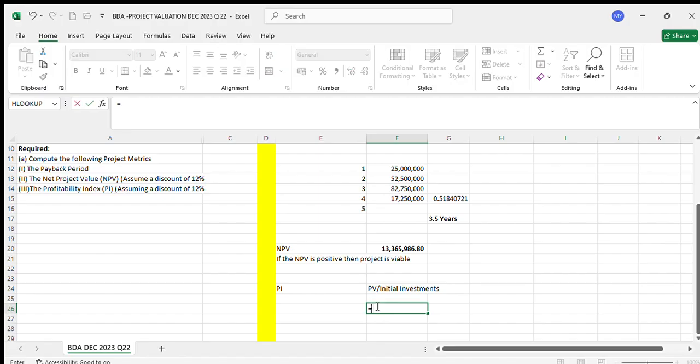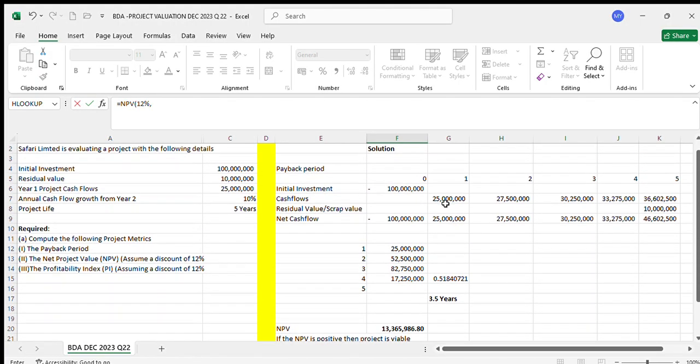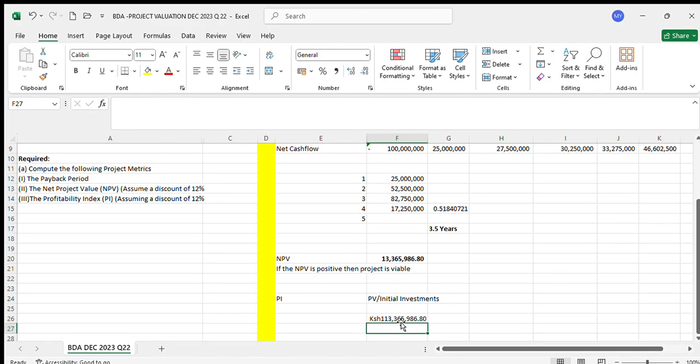So the present value you can get using the NPV, which is 12% of now the values. You can still use these cash flow values to get that.